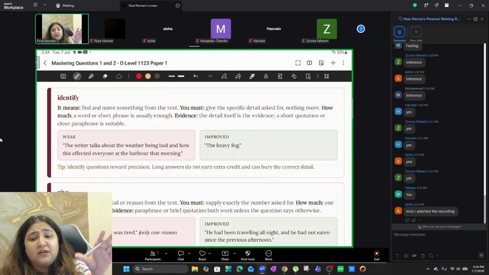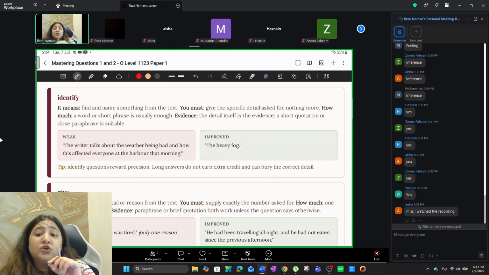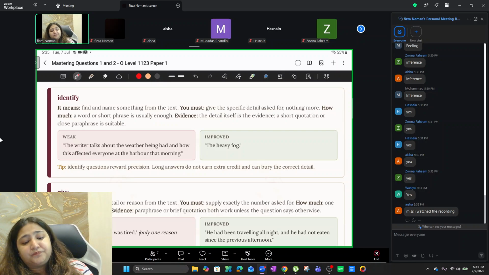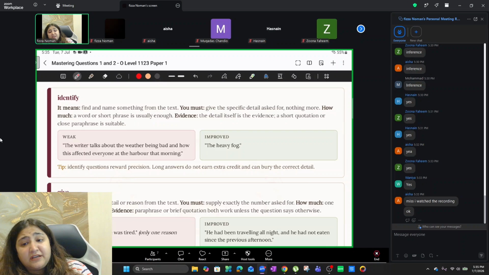But more often than not, you can always copy paste it as well, unless the question asks you to write in your own words. If the question demands that you use your own words, then that's fine, you can use your own words. Unless that is the case, don't use your own words if the command words are as simple as give or identify.